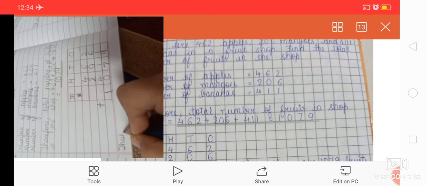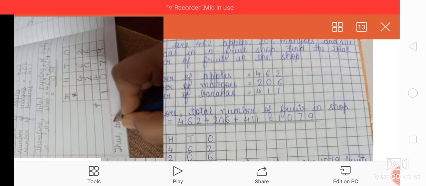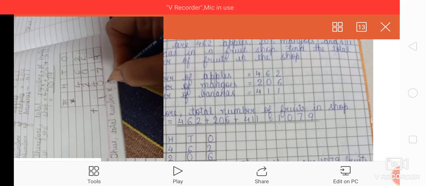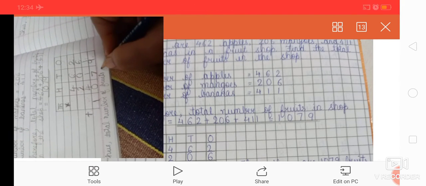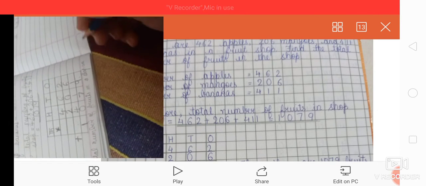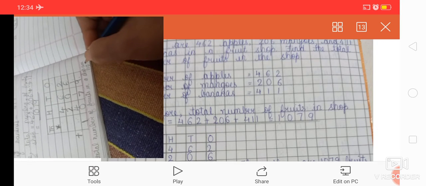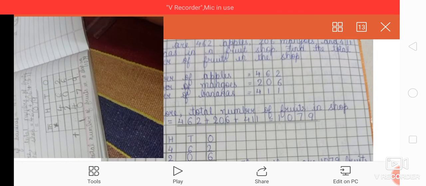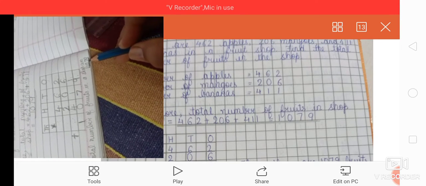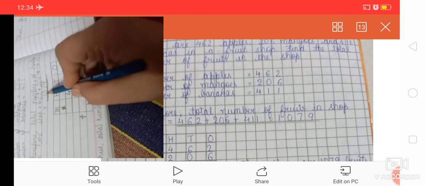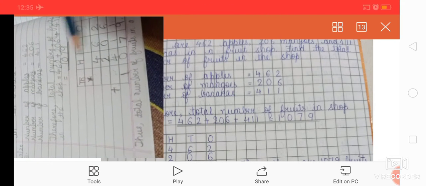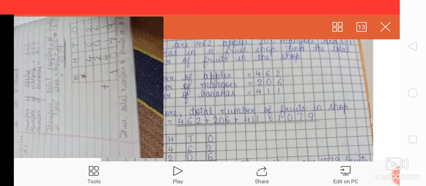Thus, total number of fruits in a shop are 1079. Here also you will underline. This is the way you have to solve the sum.